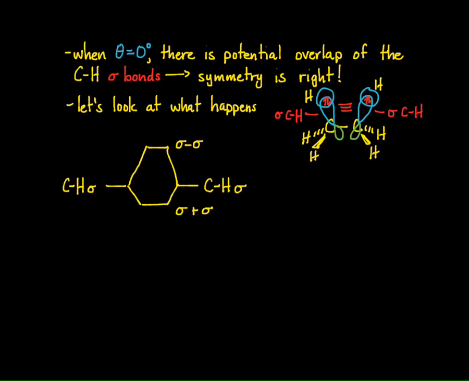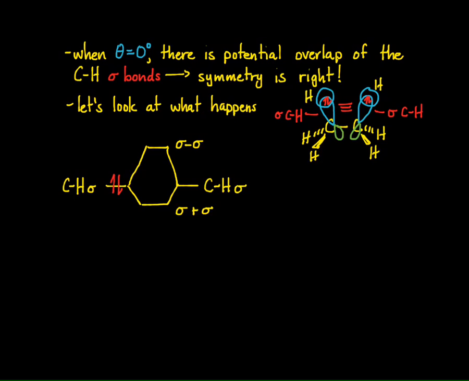So I'm creating these new bonding and antibonding orbitals between the two carbon-hydrogen sigma bonds. And because when I add the two together, there isn't a huge amount of stabilization going on.